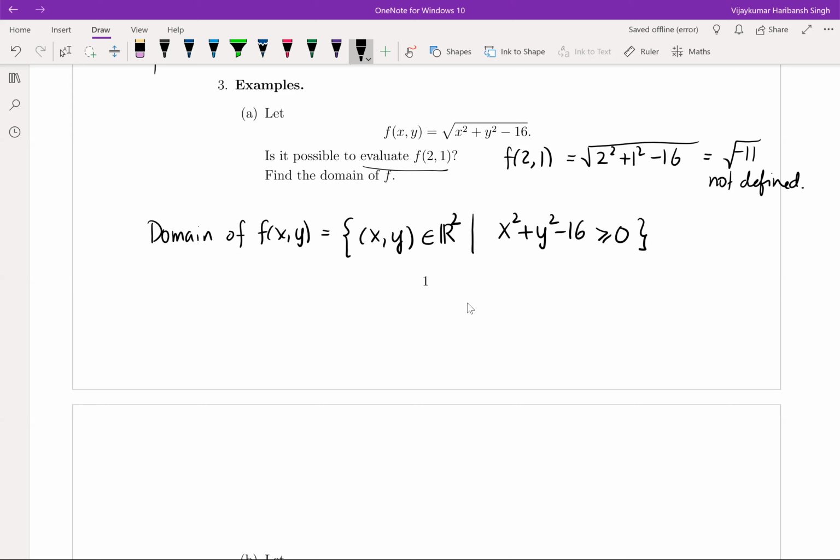If you look at this, we can first draw x squared plus y squared minus 16 equals 0, which is a circle of radius 4.